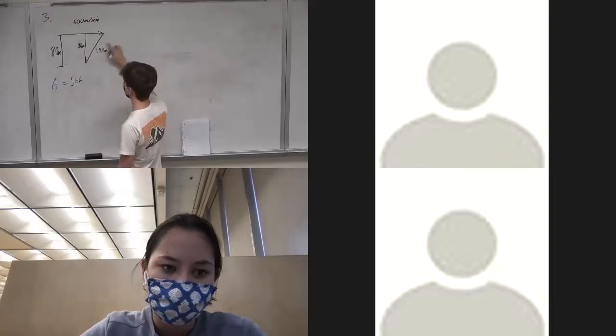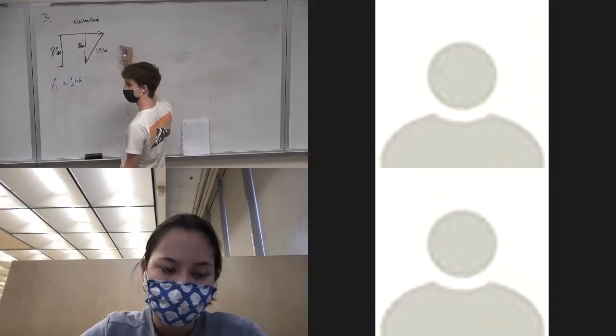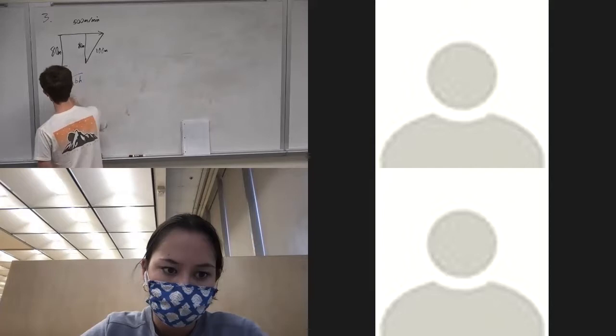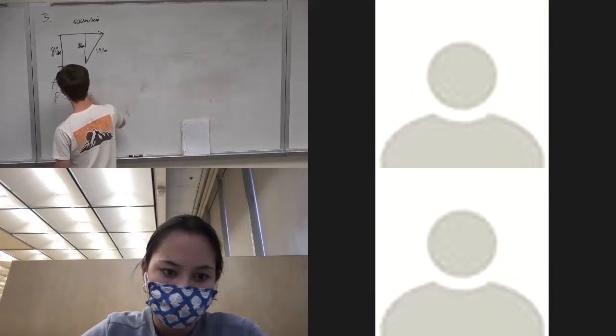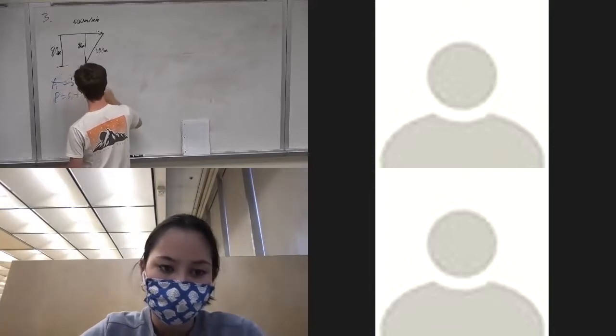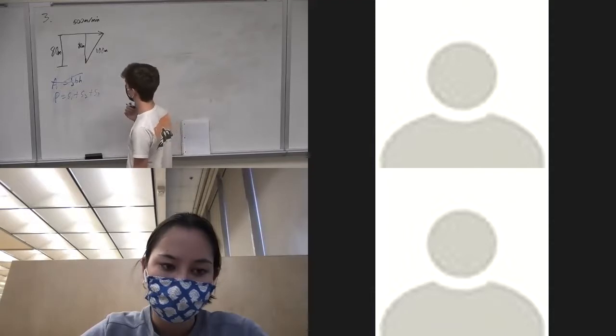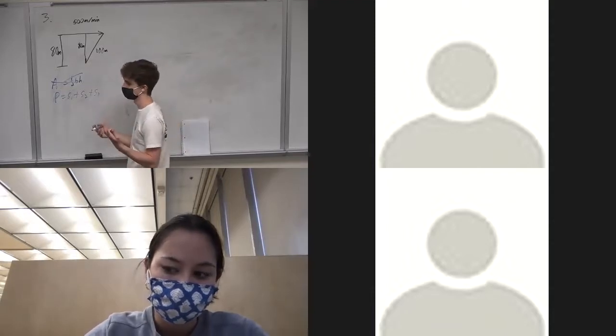I'm dealing with this length. So I don't think that's going to work. I can find the perimeter. So it's S1 plus S2 plus S3. Okay. But I don't really need the perimeter, right? So that's also not really helpful.